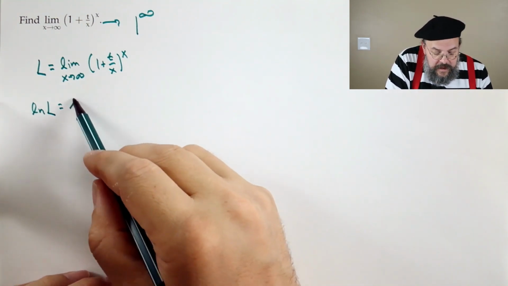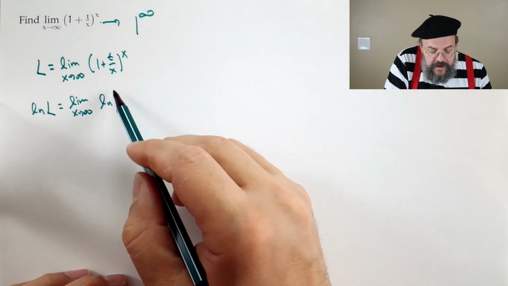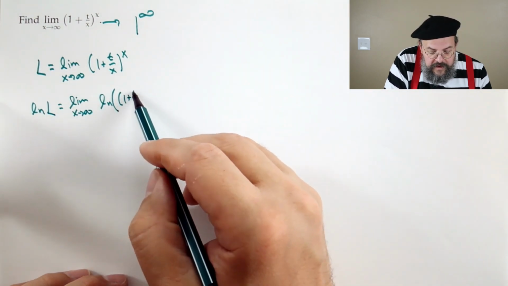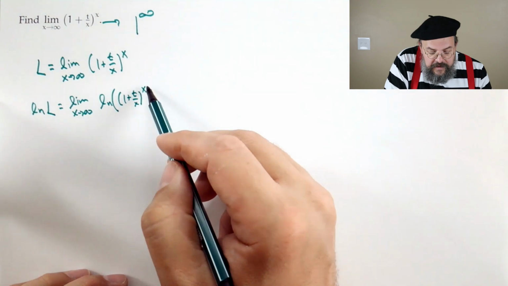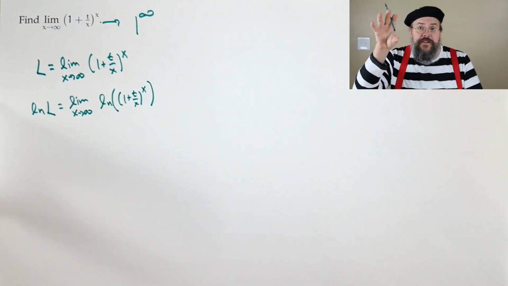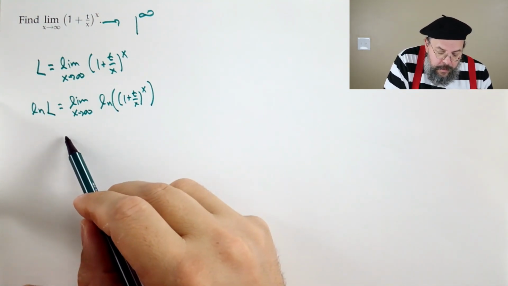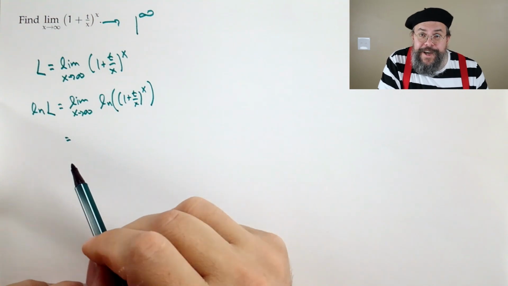So this is the limit of x going to infinity, the natural log of 1 plus t over x to the x. Now, properties of logs says that the x power comes down. So, in fact, we're going to take it all the way down.